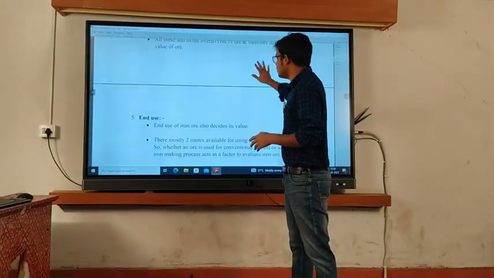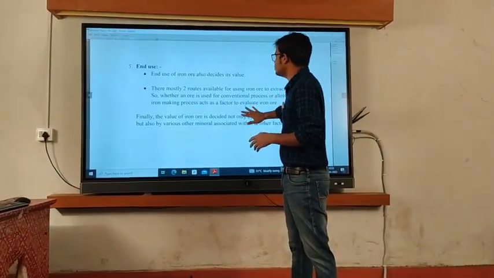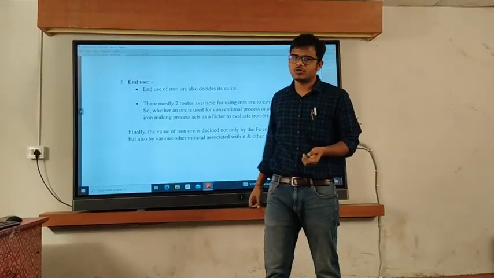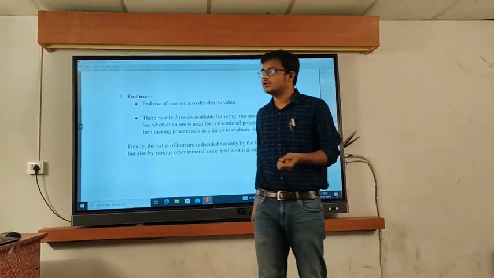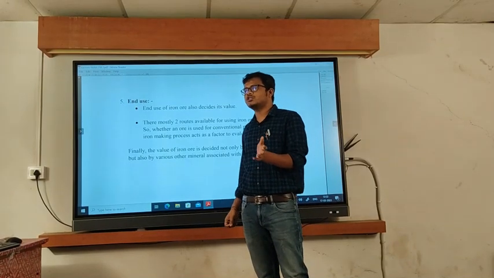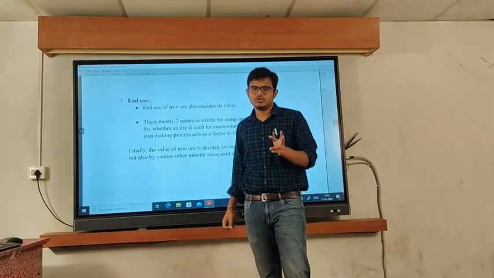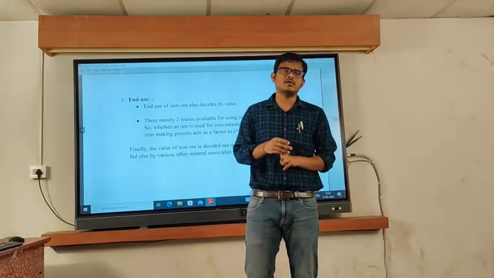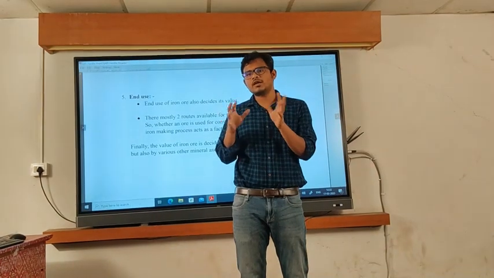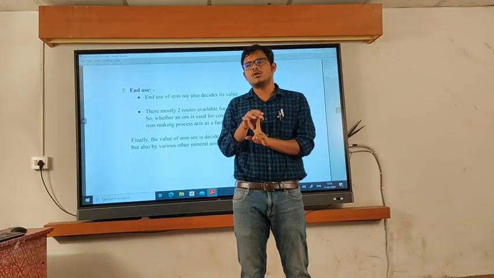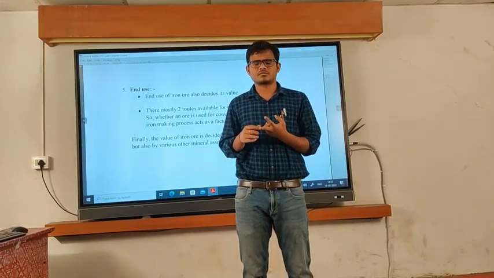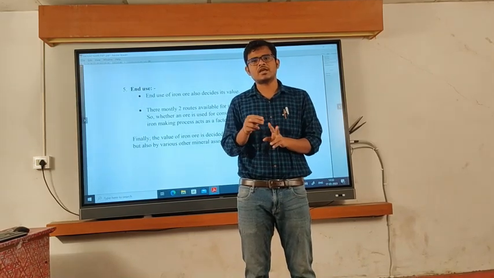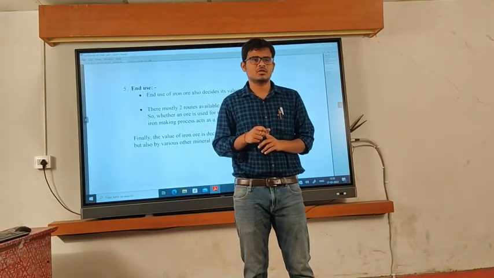Then the final parameter which we use to decide whether to use that ore or not is end use. End use means where the ore is finally being used. We know that for iron making, there are two broadly categorized processes. One is the blast furnace process, and another is the alternative route process.